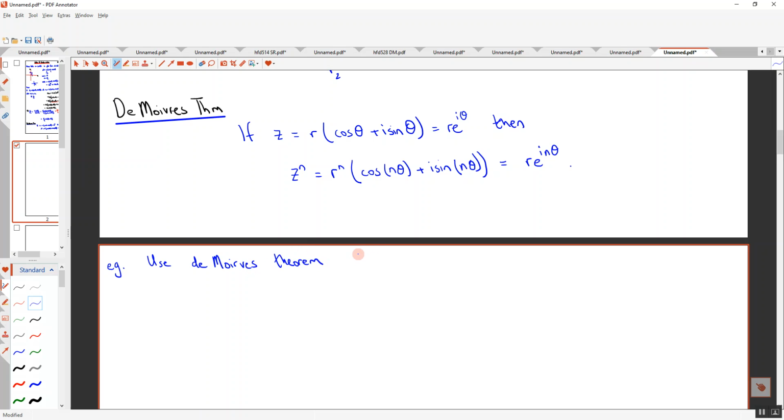Use de Moivre's theorem to derive expressions for cos of 4 theta and sine of 4 theta in terms of cos theta and sine theta.